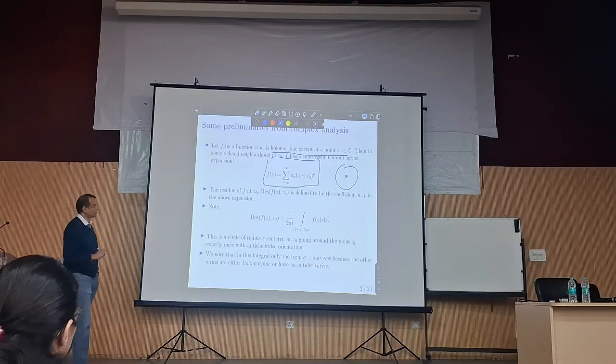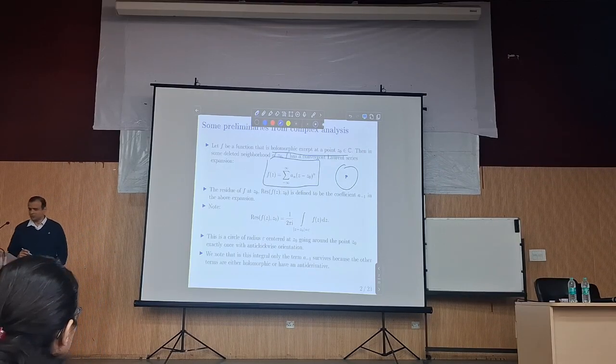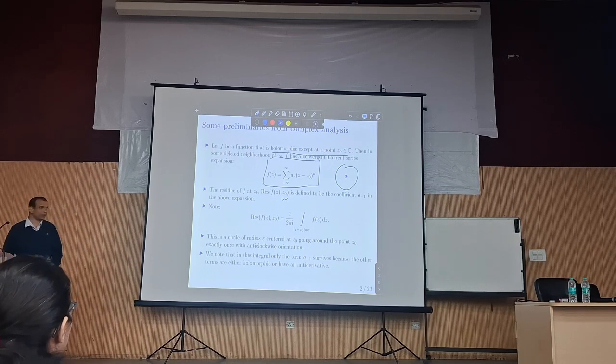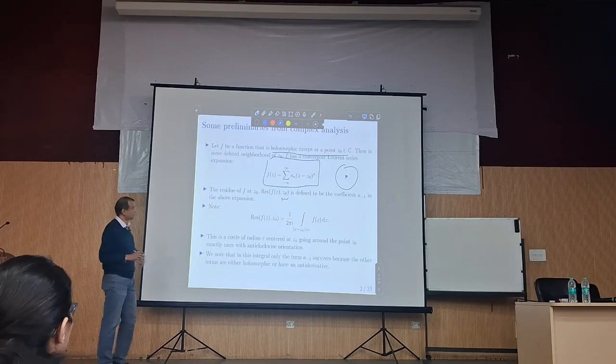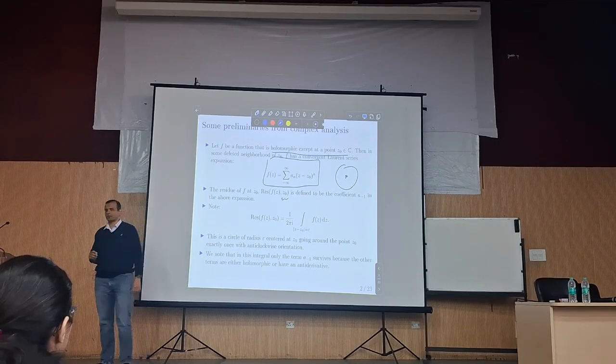Right? So that's what it is. And we say that the residue, this is the definition, the residue of f at the center point z0, where the function is not holomorphic, is defined to be the coefficient a minus 1 in this expansion.